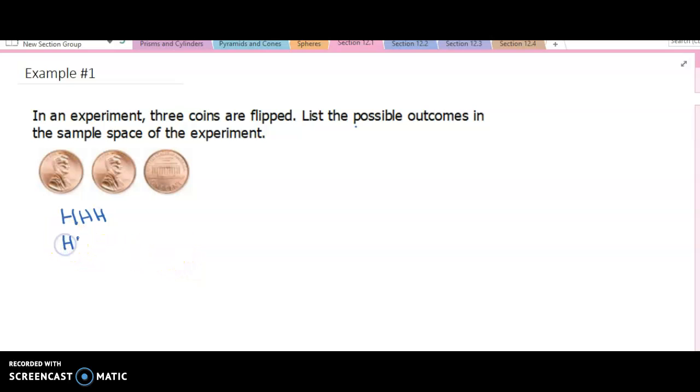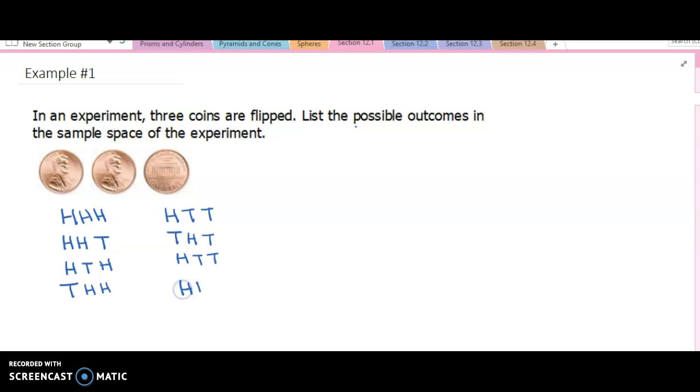Or maybe we get 2 heads. So 2 heads could be heads, heads, tails. Or heads, tails, heads. Or tails, heads, heads. Okay, so maybe we get all 3 heads. Maybe we get 2 heads. Maybe we only get 1 head. So heads, tails, tails. Tails, heads, tails. Or tails, tails, heads.